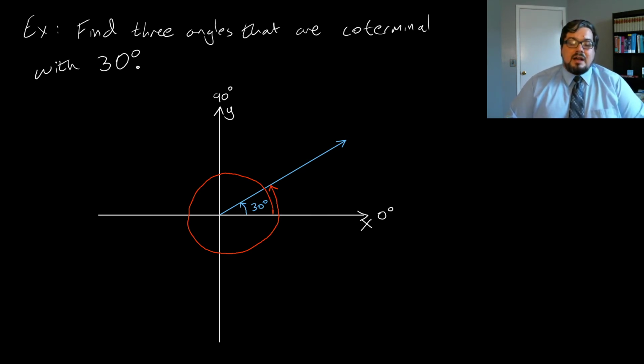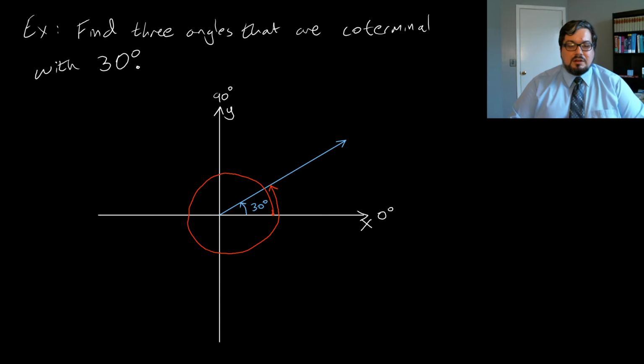This is another angle. The red angle is a different angle. It's not the blue 30-degree angle, but it's coterminal with the blue angle. So we want to know what's the measure of this red angle. So what we think about is how many degrees has it rotated through.